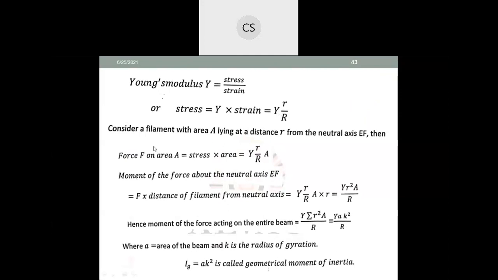Let us consider a filament with area A. Consider the filament with area A lying at a distance small r from the neutral axis EF.